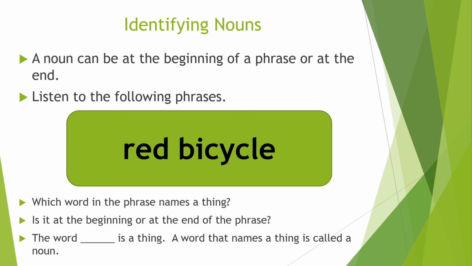Red bicycle. Which word in this phrase names a thing? Is it at the beginning or at the end of the phrase? The word bicycle is a thing. A word that names a thing is called a noun. The word bicycle is at the end of this phrase. Do you remember what we call a part of speech that names a thing?